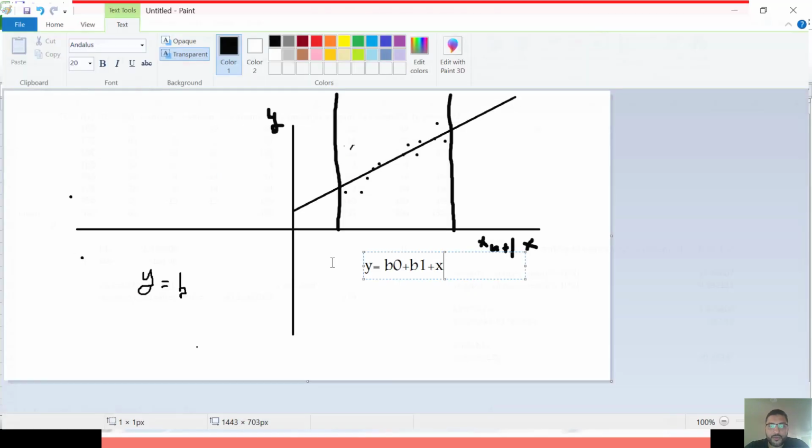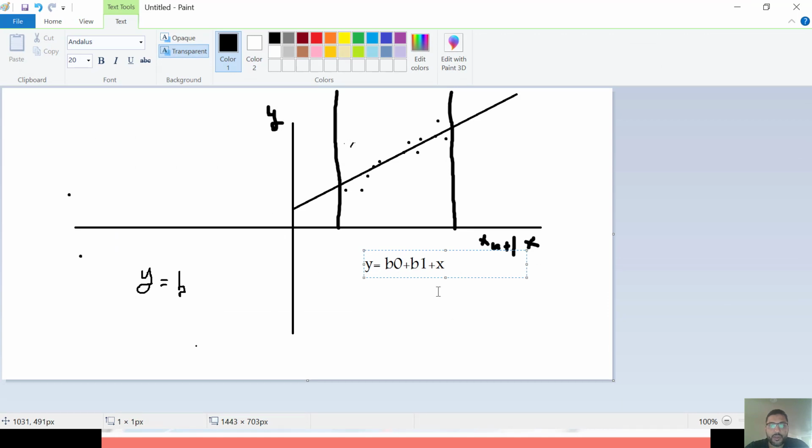If I want to get b naught, b naught is going to be equal to y minus b1 multiplied by x, right?